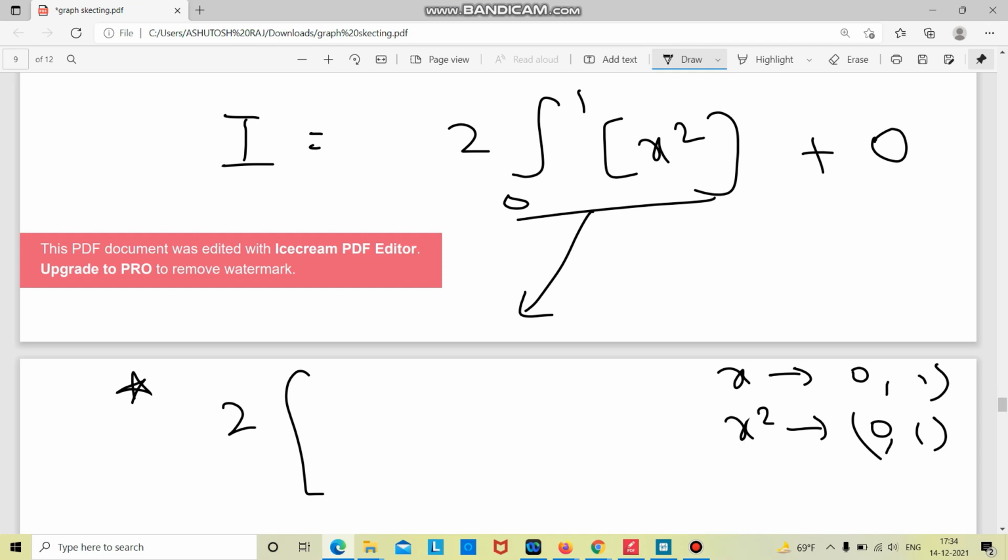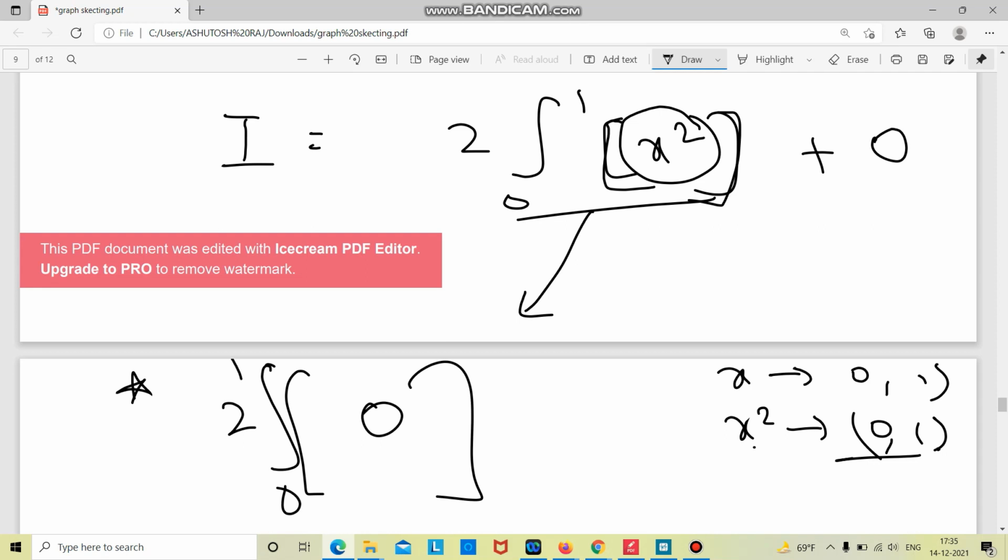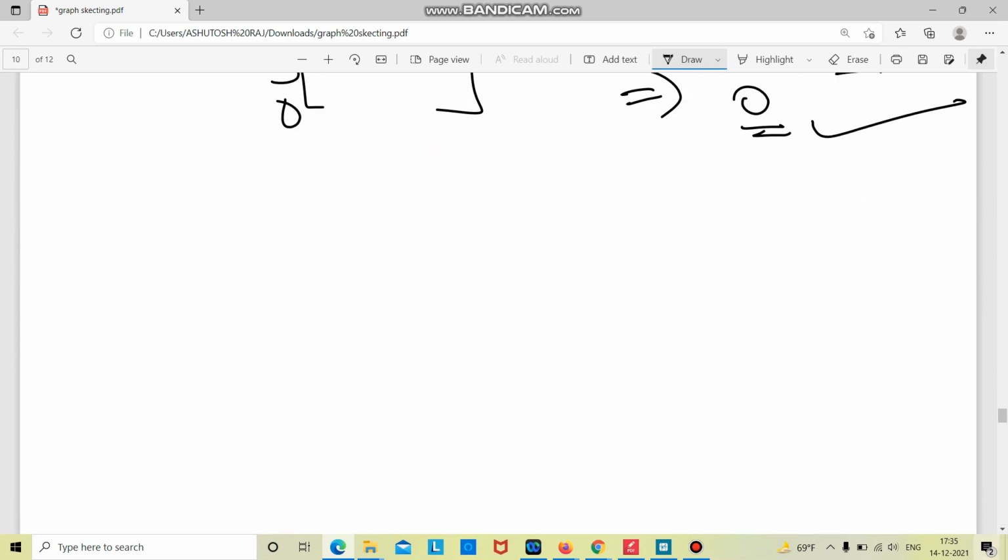So the greatest integer of anything which varies from 0 to 1 is 0. So it will become 2 into the integral from 0 to 1 of 0 dx, hence it comes to be 0. So the answer is 0.